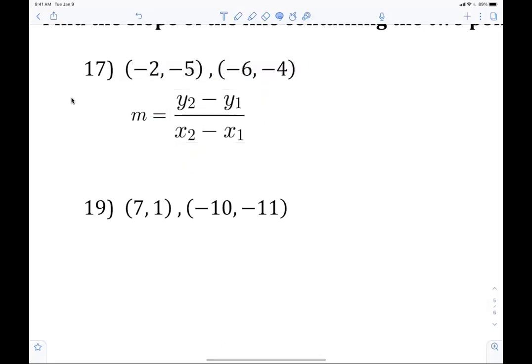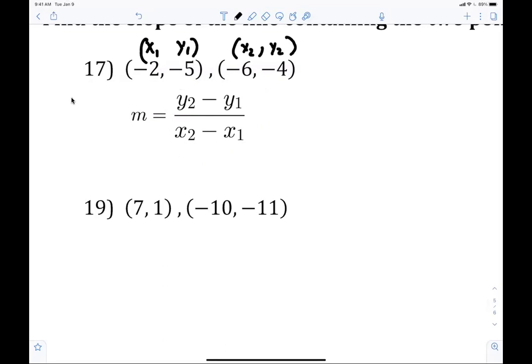There's our formula. So now this piece right here is x1. Why do we call that x1? That's the first point. This is the first y point. This is the second x point, and this is the second y point. Now, does it really matter where I start? No, it doesn't matter. You're always going to get the same answer.